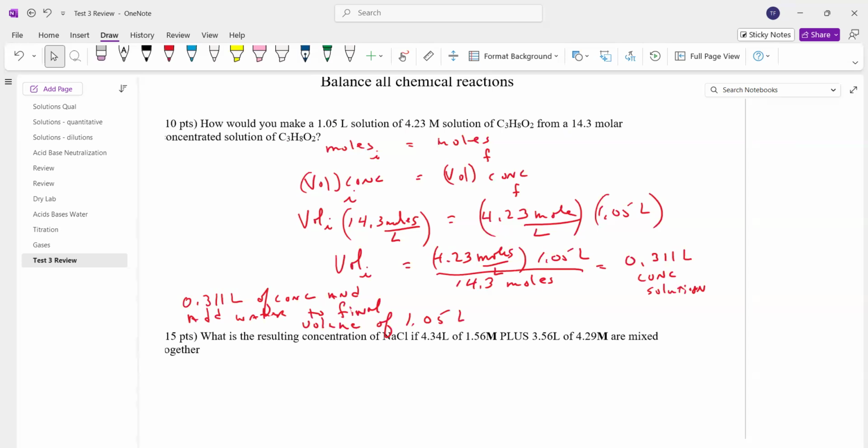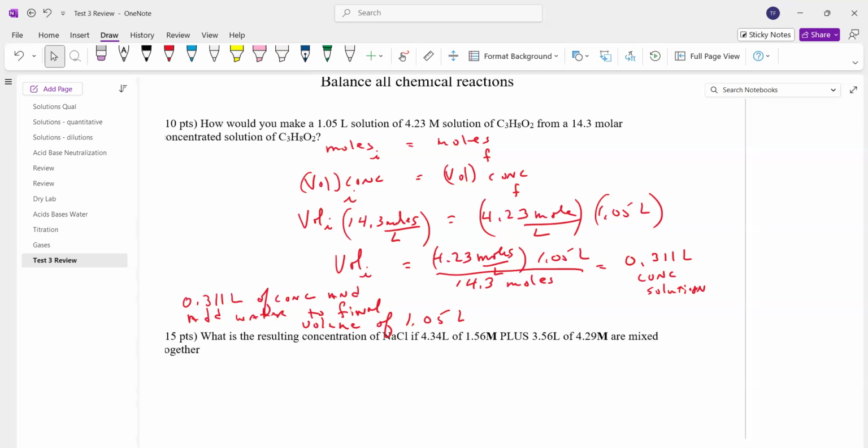Now we could go the opposite way. If the initial volume is the dilute, how will we get to a more concentrated final volume? We're not adding water. If we add water, it'll get more dilute. How do we take it away?